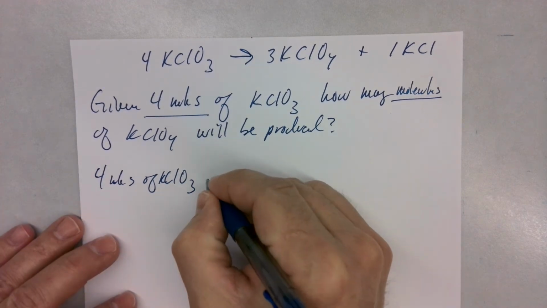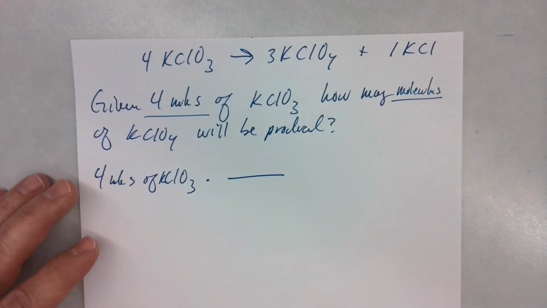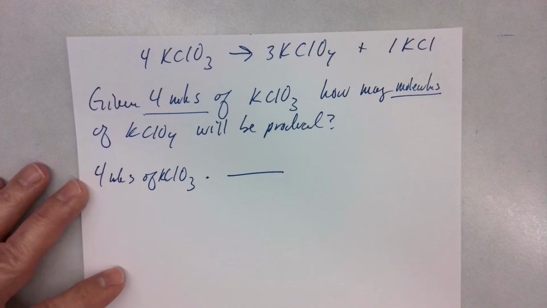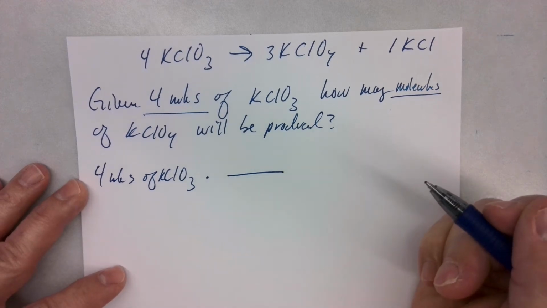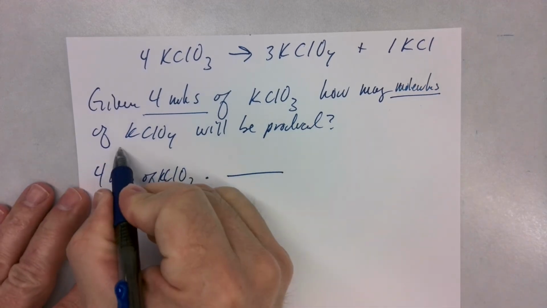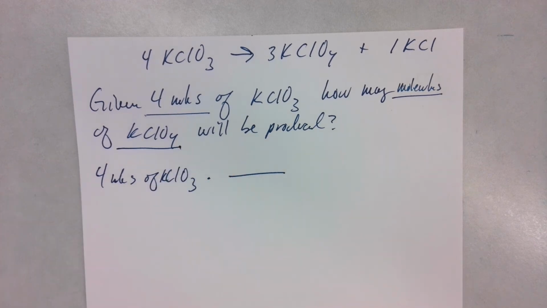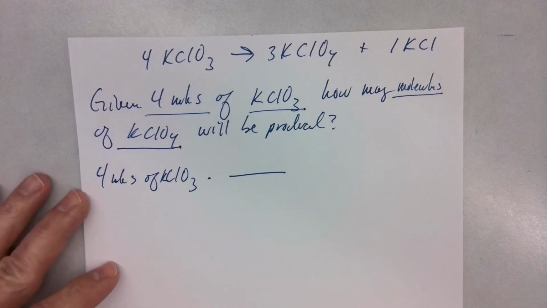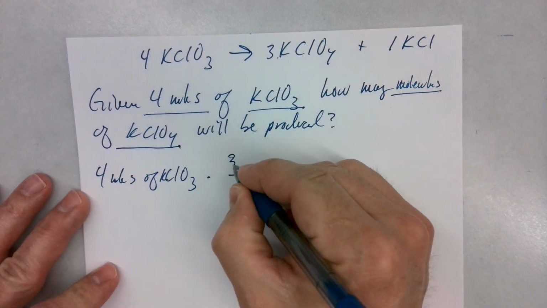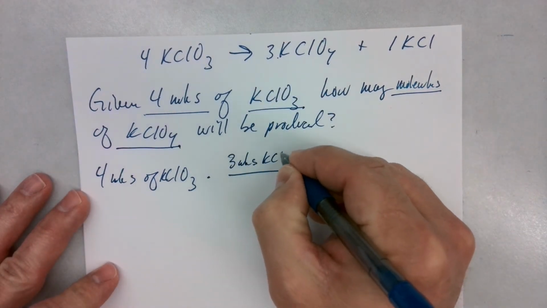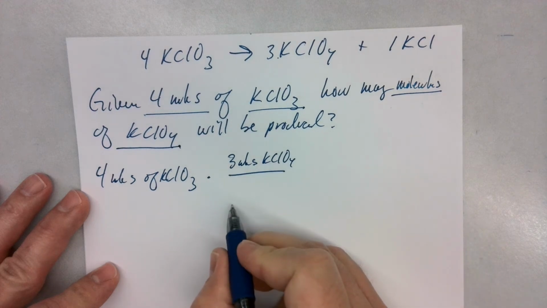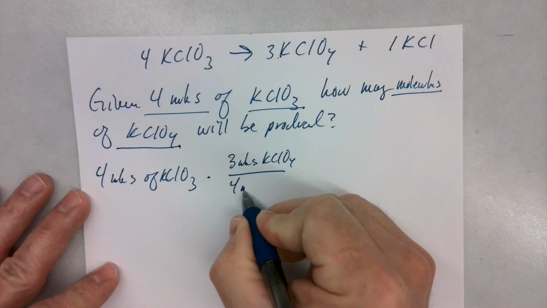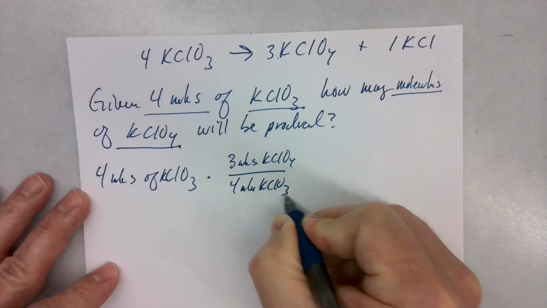So what's going to go first? I'm talking about KClO4, right? What's my mole-to-mole ratio of KClO3 to KClO4? It's 3 moles of KClO4 for every 4 moles of KClO3, right?